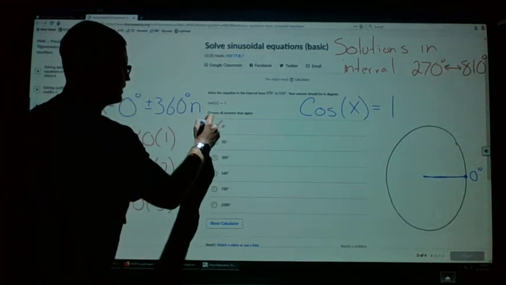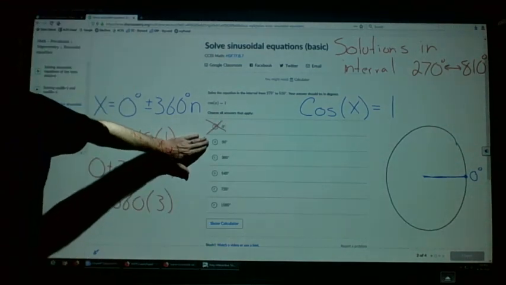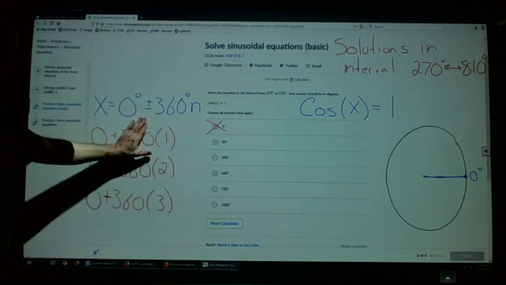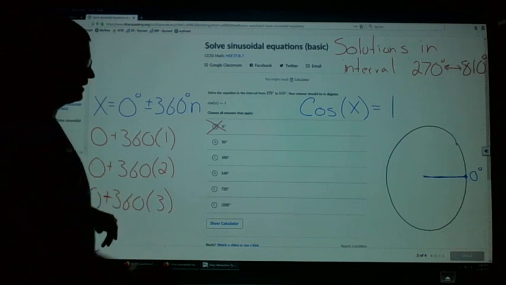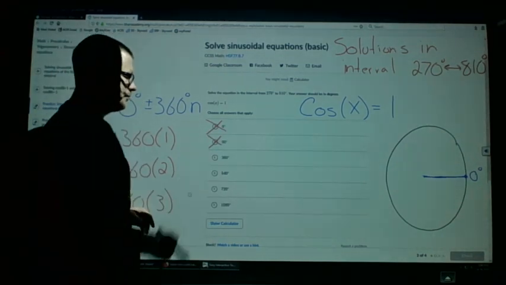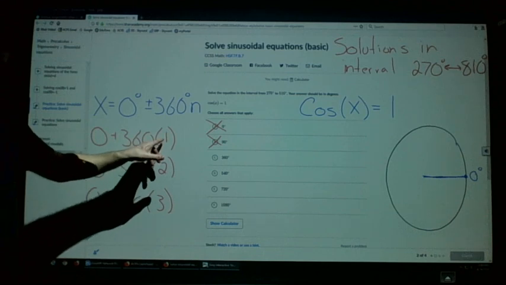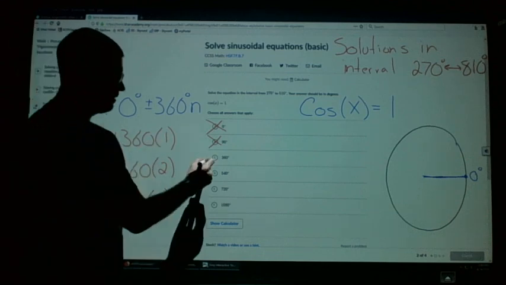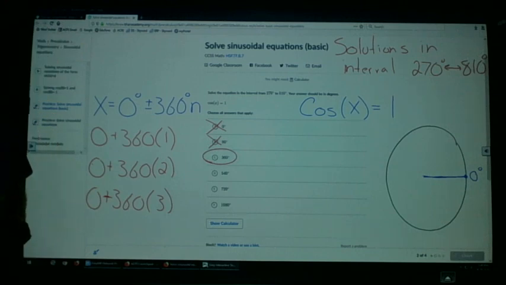So 0 degrees is out. 90 degrees. There's no way you're going to get 90 degrees by starting at 0 and adding or subtracting 360. 90 is out. But 0 plus 360 one time is 360 degrees.